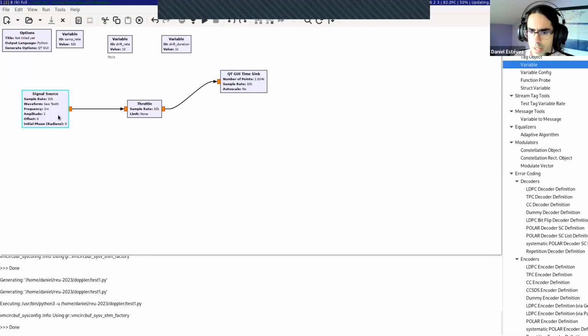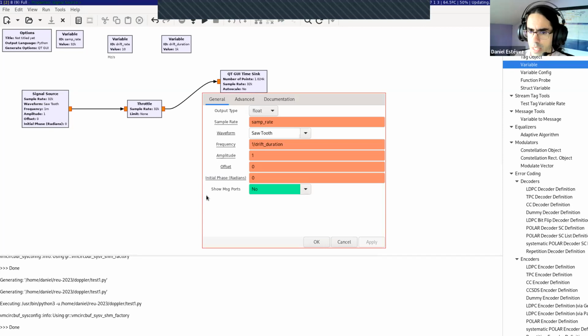So the second thing I want to fix is the start. As we saw, the wave was starting at 0.5 rather than 0. And the reason is because of this initial phase and because of how the sawtooth is calculated internally. A phase of 0 corresponds to the midpoint between 0, which would be the offset, and 1, which would be the amplitude.